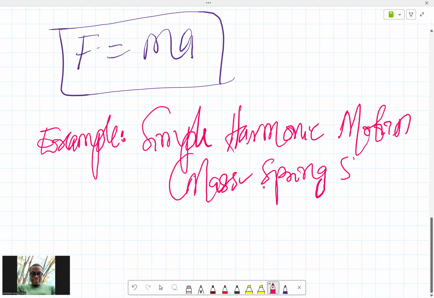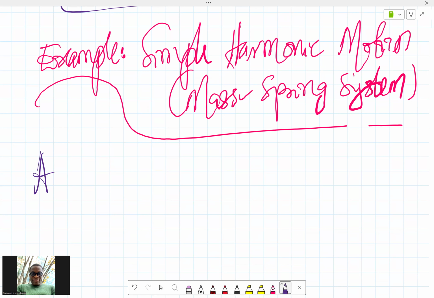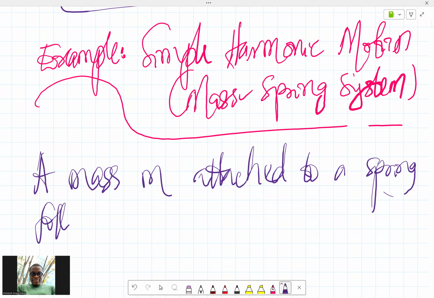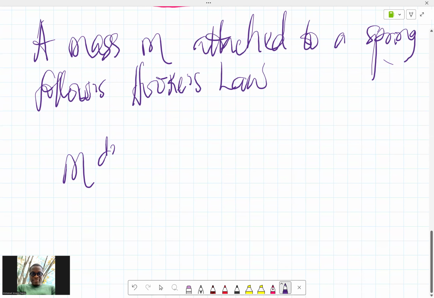Here, a mass m attached to a spring follows what we know as Hooke's law, and that gives us m d squared x d t squared plus kx equals 0.